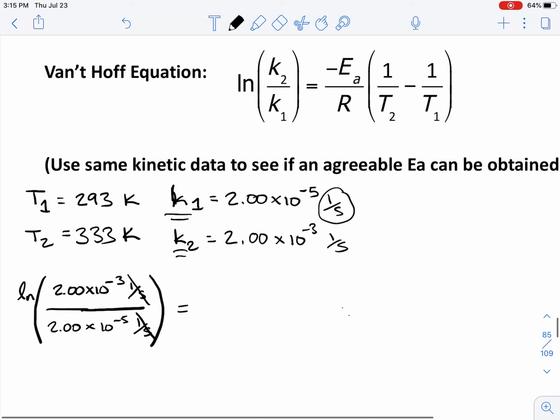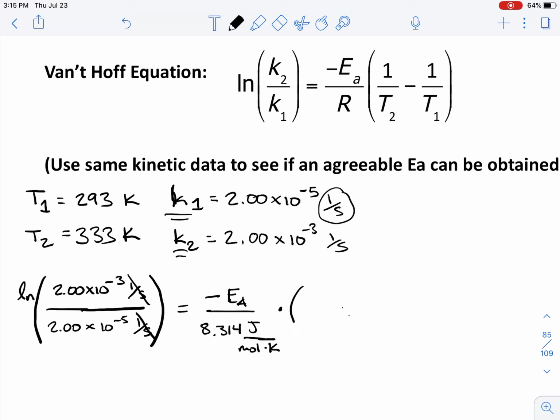So here I have negative Ea over R. This is going to be 8.314 joules per mole times Kelvin. And so this is going to be multiplied by 1 over T2, and T2 is going to be 333.15 minus 1 over 293.15.